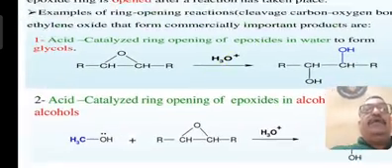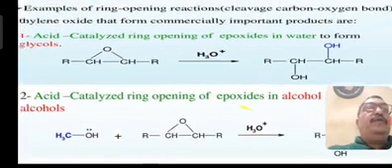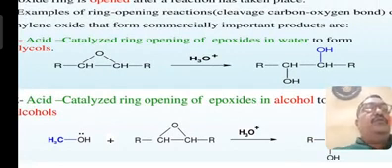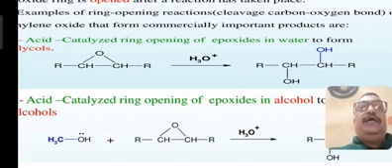Acid catalyzed ring opening of epoxides in water to form a diol compound. You can see RCH-O-CHR, a cyclic compound containing oxygen. It is generally an epoxide type compound, not ethylene epoxide but an alkyl substituted ethylene epoxide.